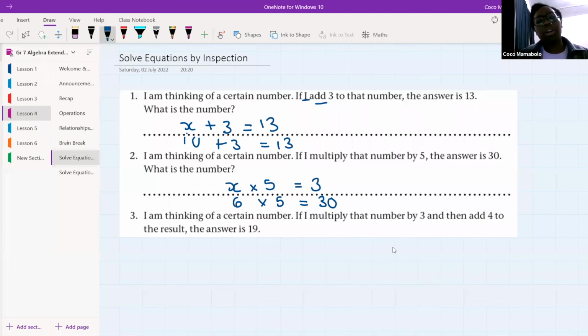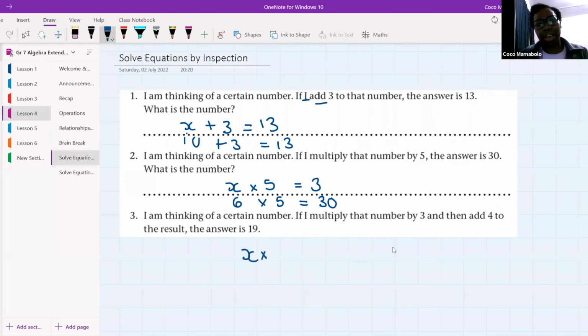Okay. All right, amazing stuff, guys. Well done. Okay, let's try the last one. It says, I'm thinking of a certain number. If I multiply that number by 3 and then add 4 to the result, the answer is 19. Whew. Now this one is a little bit more difficult. So I'm thinking of a certain number, it's x.